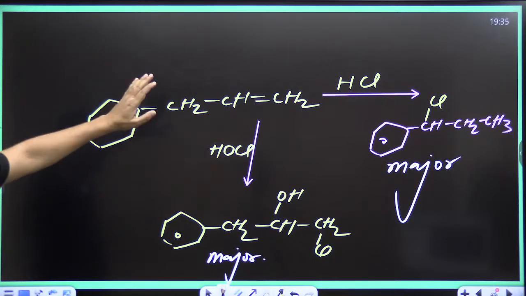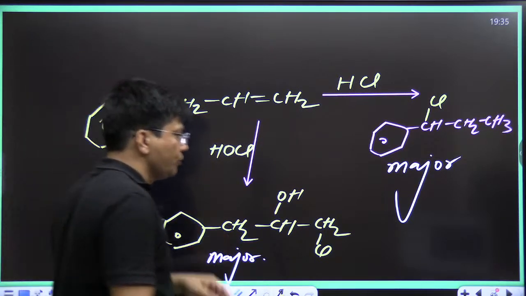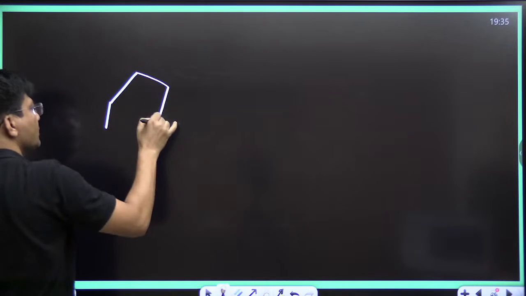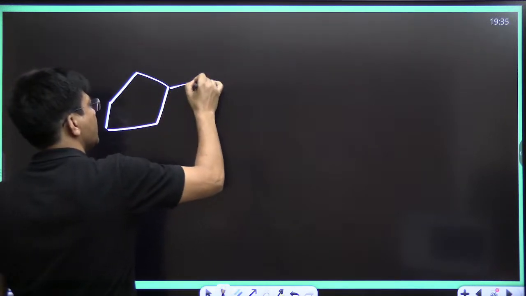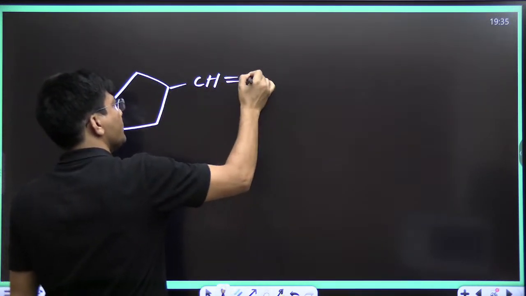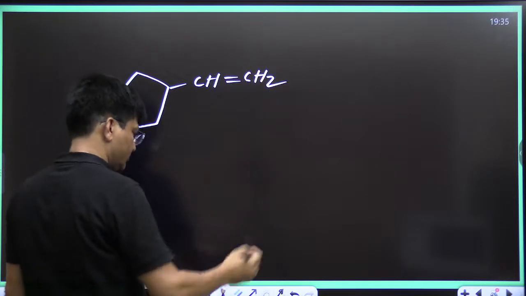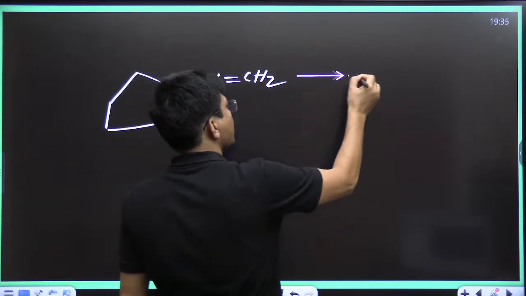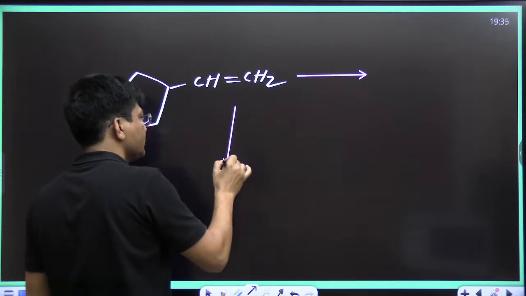Now, let me show you one more reaction. Just see, if anyone is going to give you a reactant like this. You see, this is a 5-membered ring, and I'm going to give you two types of reagents. One reagent is this, one reagent is this.